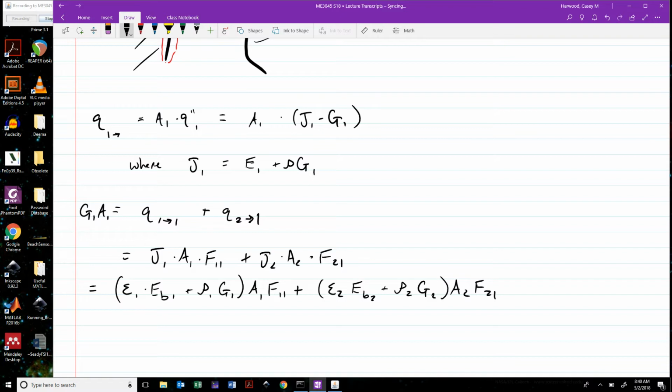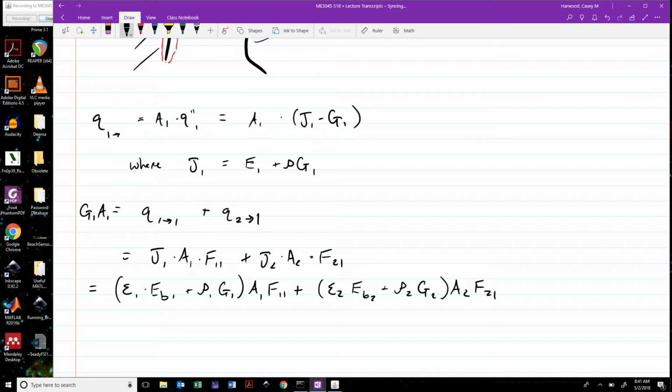We're saying that all of the radiation that's incident on surface 1 has to either come from the active emission from surface 1, or the energy that's being bounced off of surface 1 transferred back to itself by this view factor. Or it has to come from the active emission or reflected radiation from 2 times the view factor from 2 to 1.